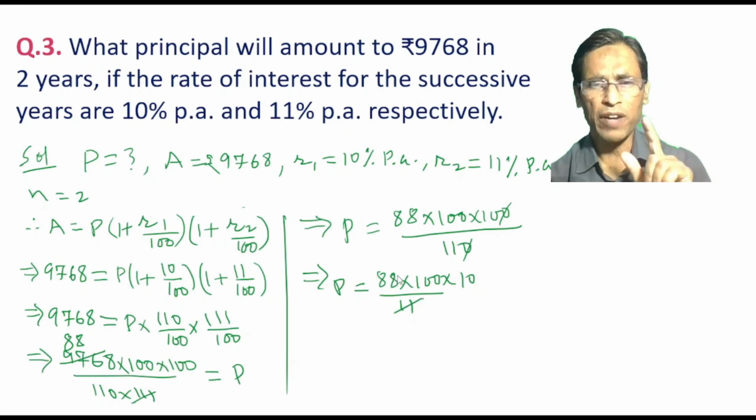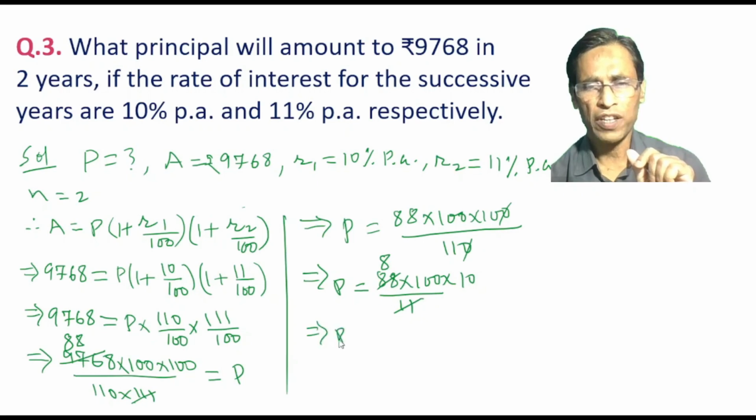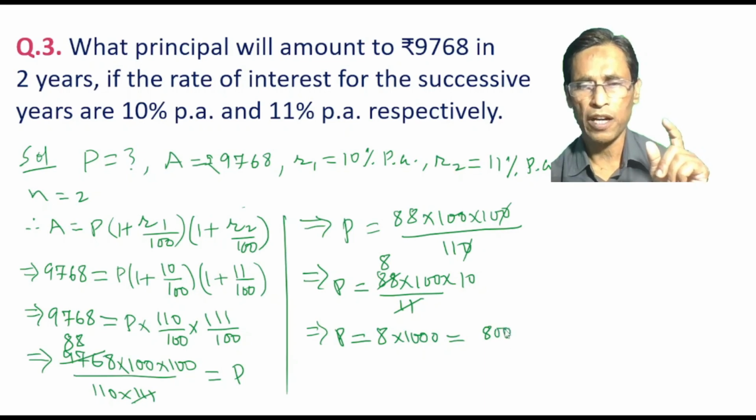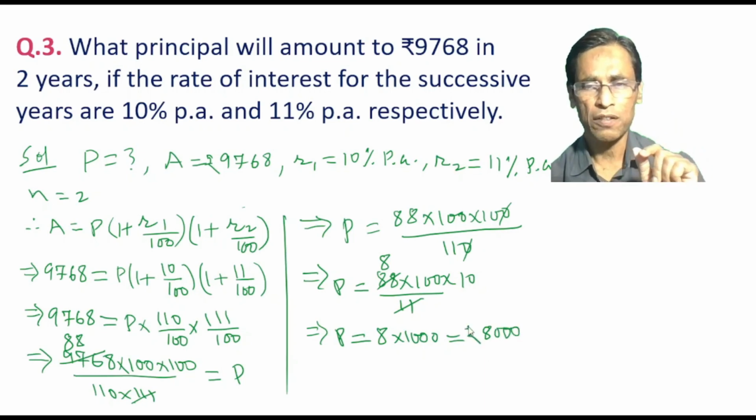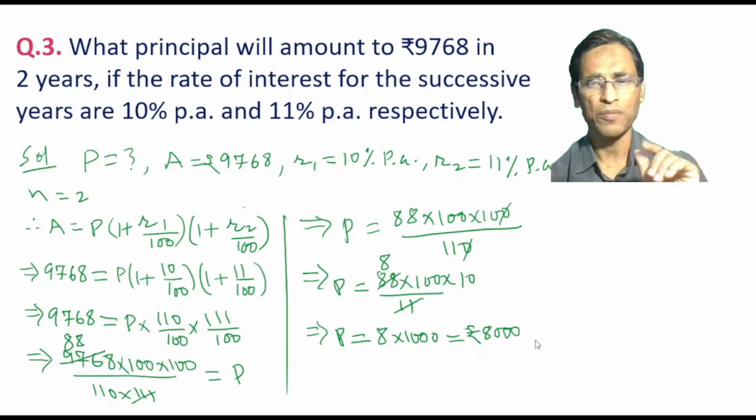Clearly 11 can divide 88 in 8 times, and so we get P equal to 8 into 100 into 10, 1000, and therefore 8,000 in rupees. Therefore, the principal which was unknown, now it is known. It is rupees 8,000. Answer.